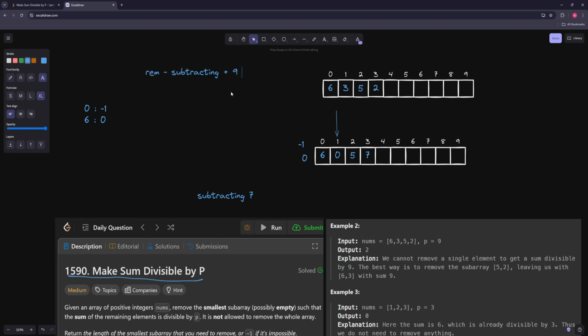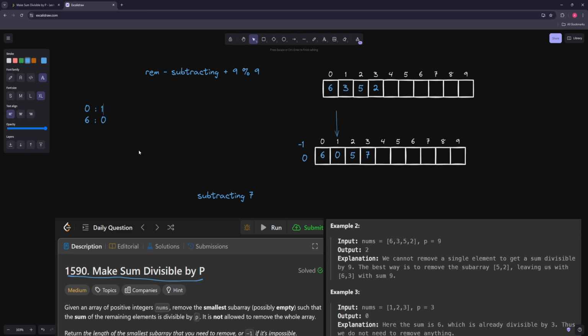So plus 9 mod 9. Our current remainder is 0. We're subtracting 7 plus 9. So 0 minus 7 plus 9 is 2 mod 9. So we want something with a remainder 2. Because if we had something with a remainder 2 and we add 7, which is the thing we're trying to get rid of, then we'll have remainder 0. Do we have something with remainder 2? No, we don't. So we have this same value at index 1. So we're just going to overwrite it.